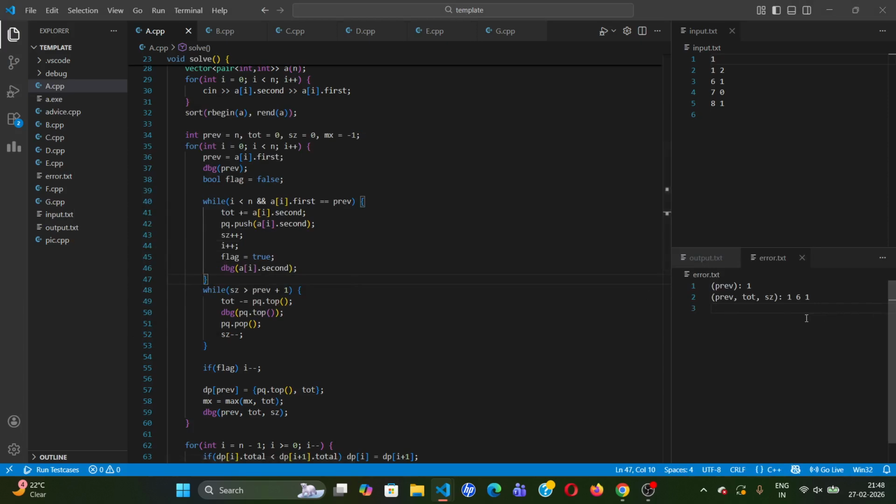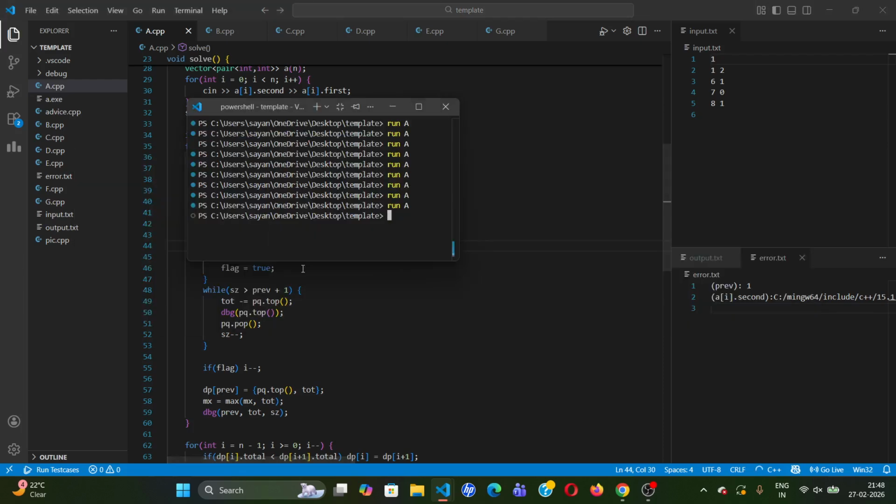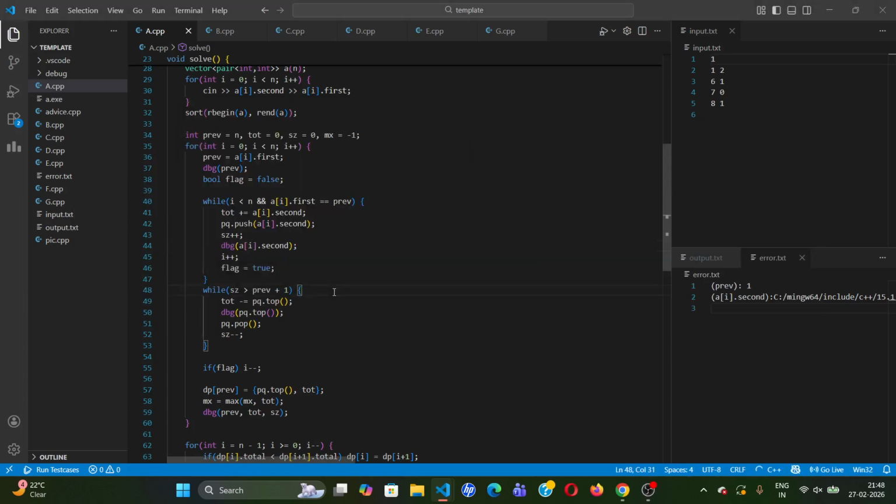Total value is not getting decreased. Okay. First thing getting is okay, that is 6 1. It will be 6. But after that, 6 1.